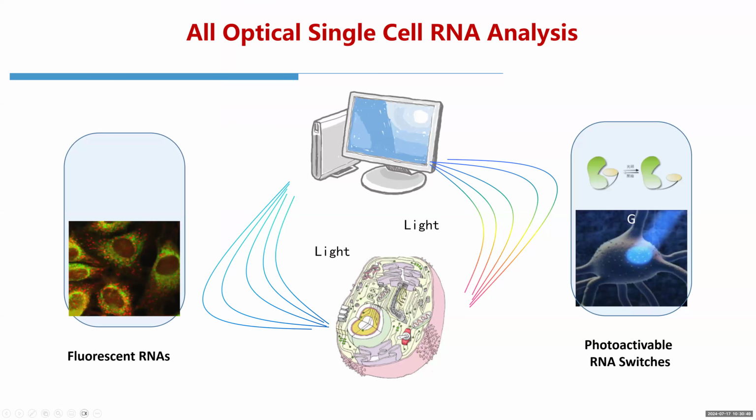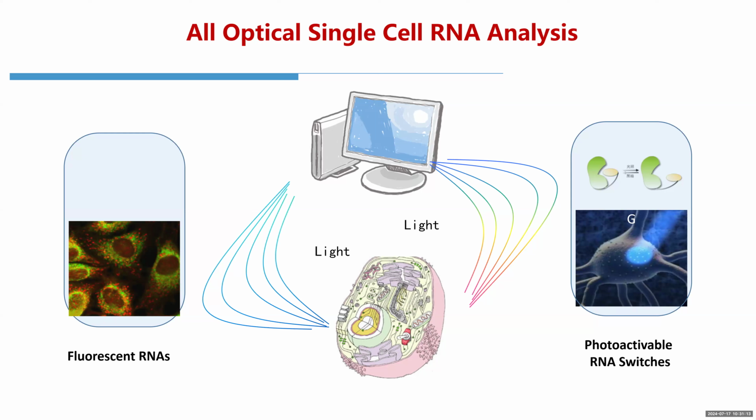So in my lab, we aim to develop all optical approaches to monitor and control RNA biology. We also develop optogenetic tools that we can use to control the transcription, degradation, translation, and splicing of RNAs.